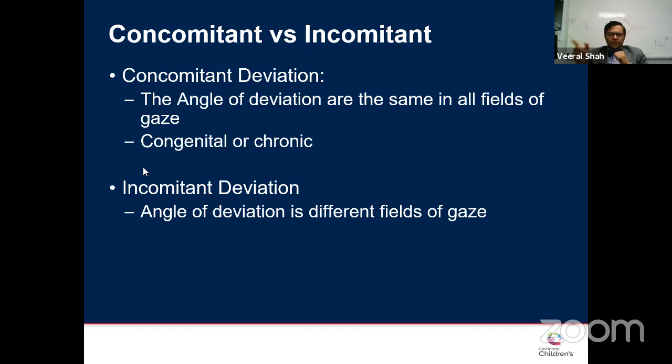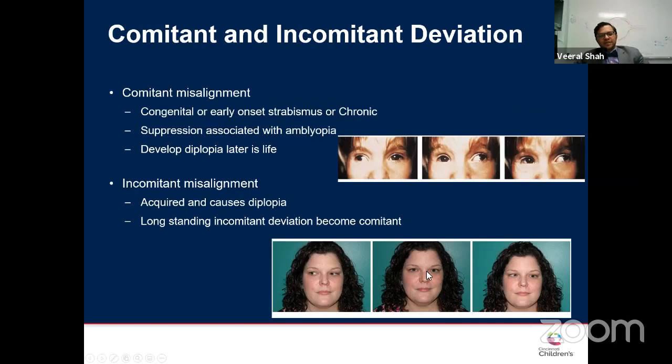I'm going to show you an example on the next slide. But it usually refers to something that's been chronic or congenital. Incomitant, which is the main thing that we see with a double vision complaint, is that the angle of deviation is different per gaze. So I'm going to start with talking about the incomitant misalignment first.